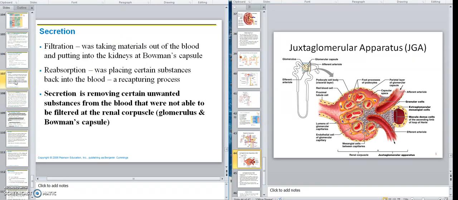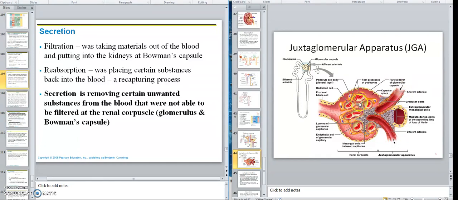Okay, what else we got? Secretion. Filtration was taking materials out of the blood and putting them into the kidneys, right? That's the filter. Reabsorption was placing substances back into the blood. Secretion is removing certain unwanted substances from the blood that were not able to be filtered. Now, recall what I said. When you bring the blood here in the afferent arteriole, you can't filter it all, because what would you have in the efferent arteriole?